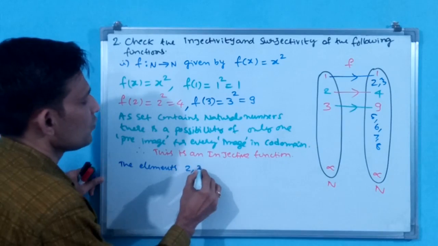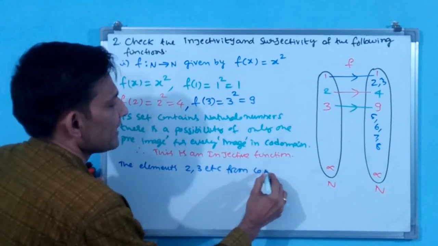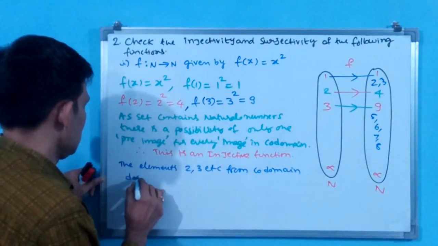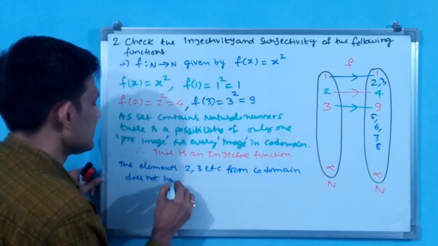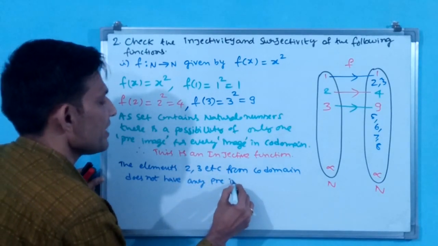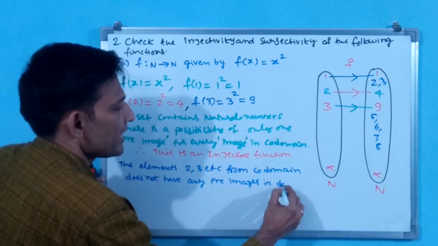The elements 2, 3, etc. from codomain do not have any pre-images in domain.